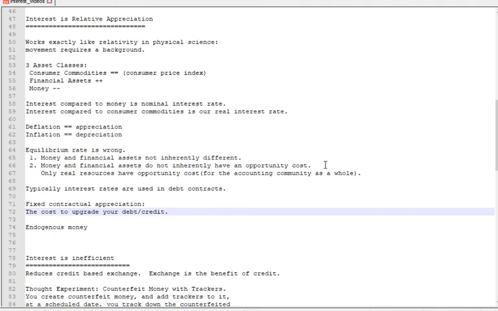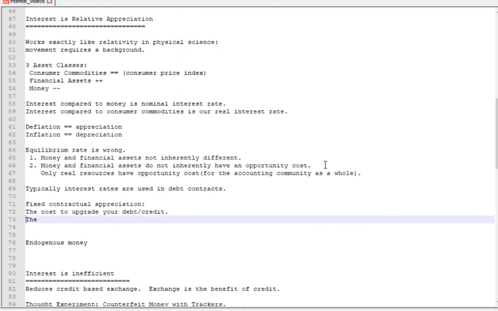So what are the two assets of a loan? Your debt, or I'm just going to put your credit, and then you get money.